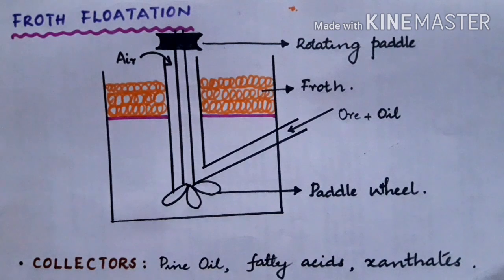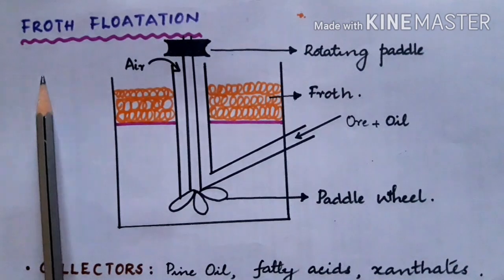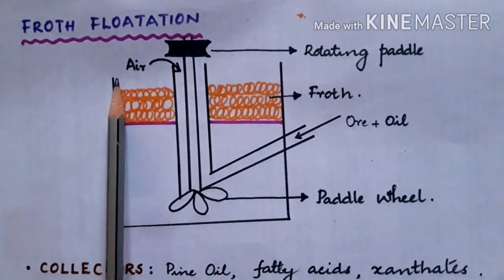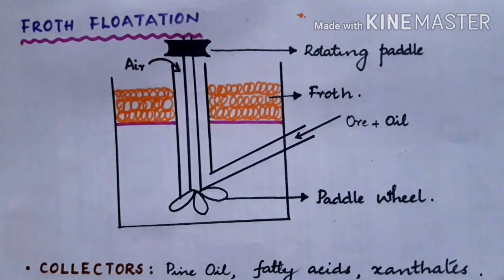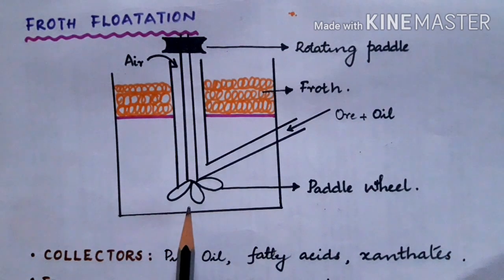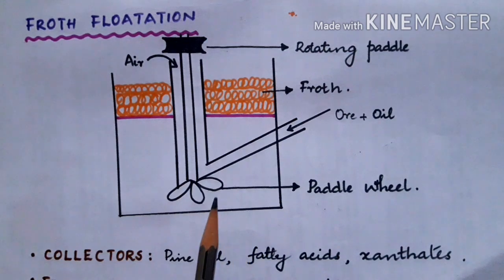Coming to the next method, which is a very important method in concentration. This is known as the froth flotation process. This process is mainly applied when we have to concentrate sulfide ores. Here, the powdered sulfide ore is mixed with water to form a suspension, and the suspension of ore particles with water is mixed with pine oil. Pine oil becomes the collector here. Oil and water never mix.